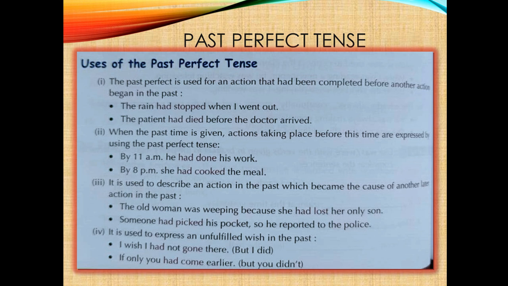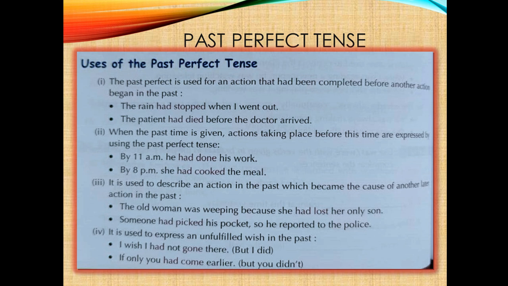When the past time is given, actions taking place before this time are expressed by using the past perfect tense. By 11 a.m., he had done his work. By 8 p.m., she had cooked the meal.